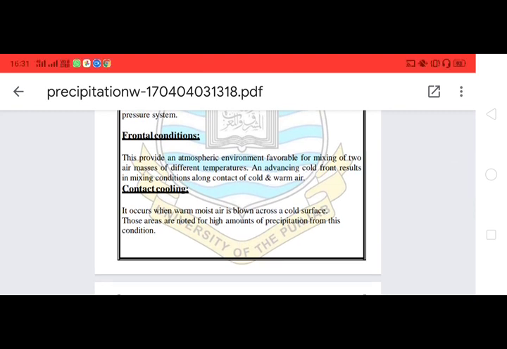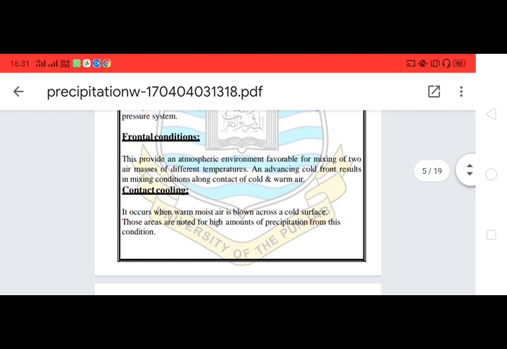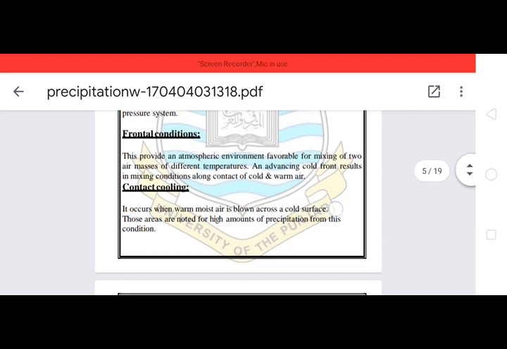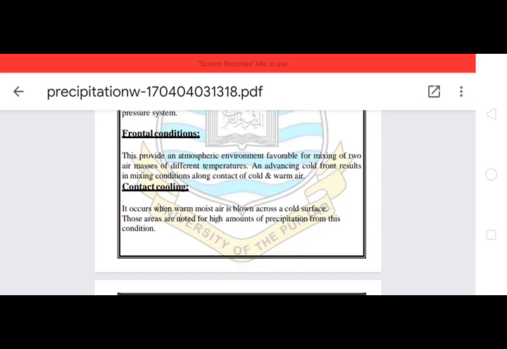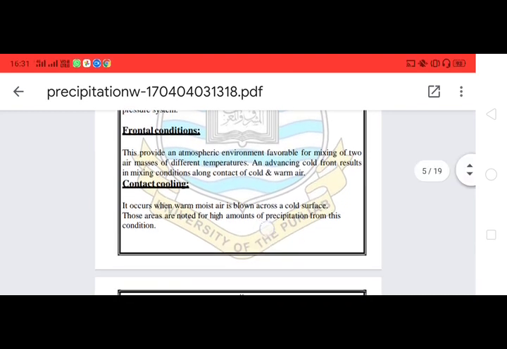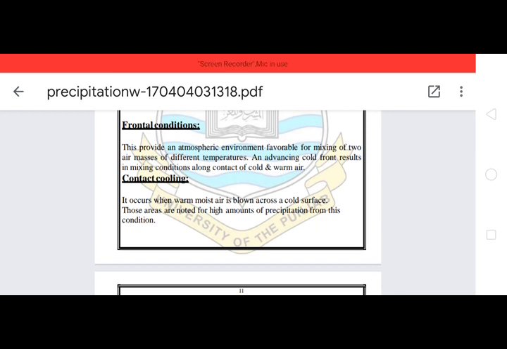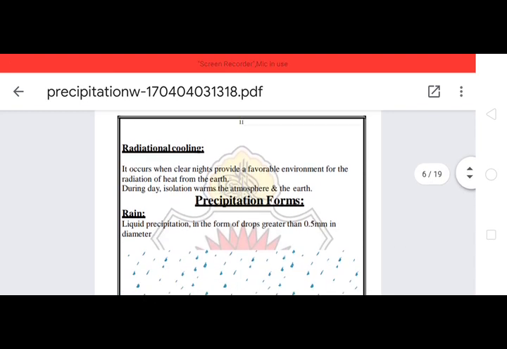Contact cooling. What is the reason behind it? It occurs when warm moist air is blown across a cold surface. Those areas are noted for high amounts of precipitation from this condition. Then go to the next point, radiational cooling.